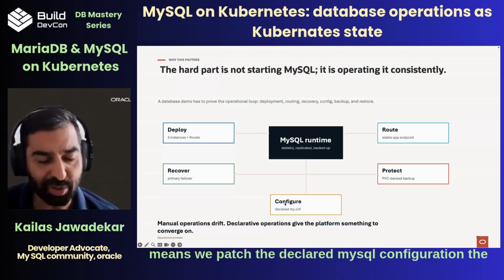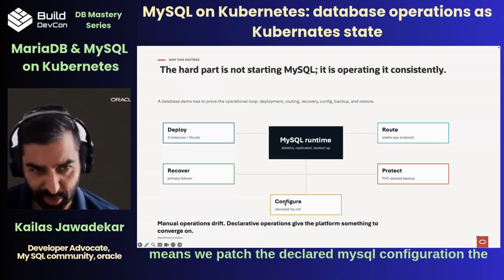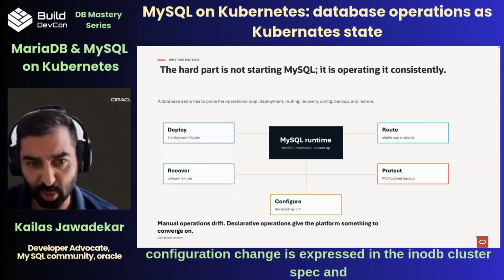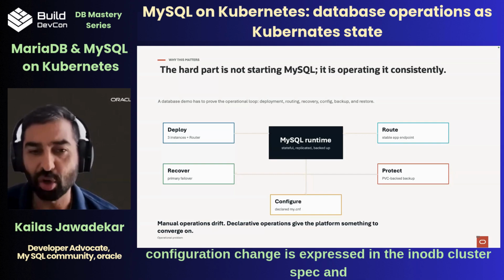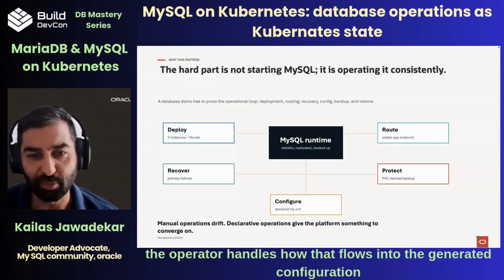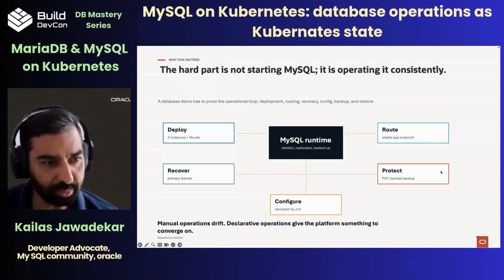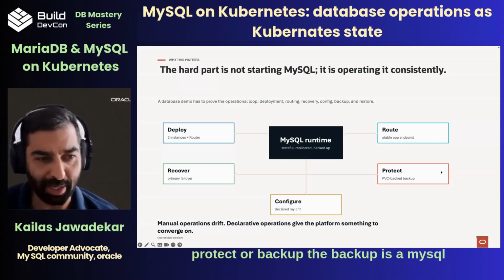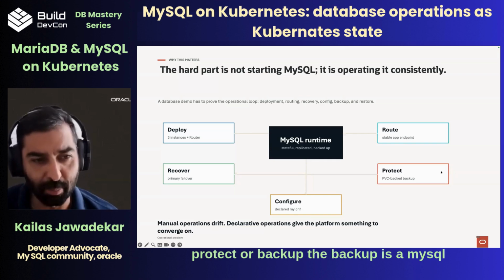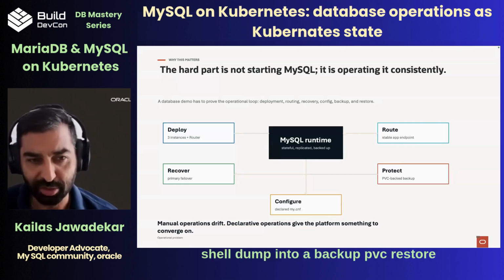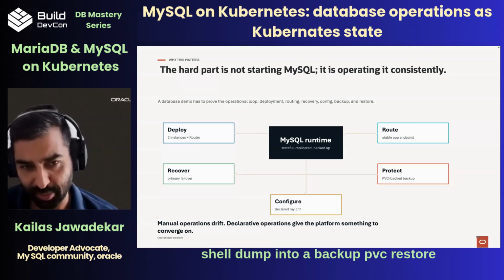Configure means we patch the declared MySQL configuration. The configuration change is expressed in the InnoDB cluster spec, and the operator handles how that flows into the generated configuration. Protect or backup. The backup is a MySQL backup resource that writes a MySQL shell dump into a backup PVC.